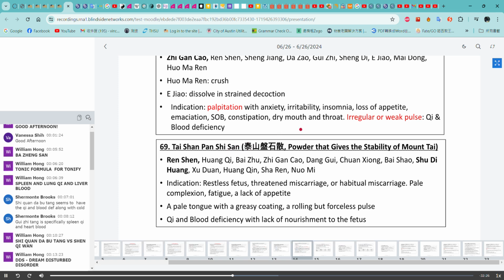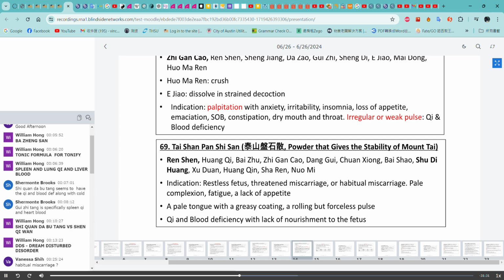Do you know why it's a rolling pulse here? Why does habitual miscarriage have a rolling pulse, do you think?